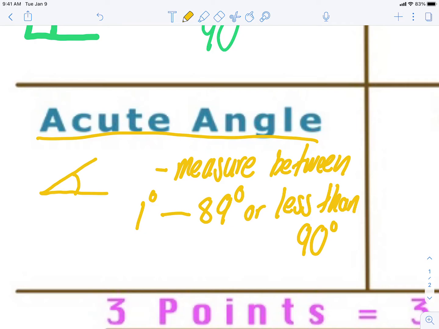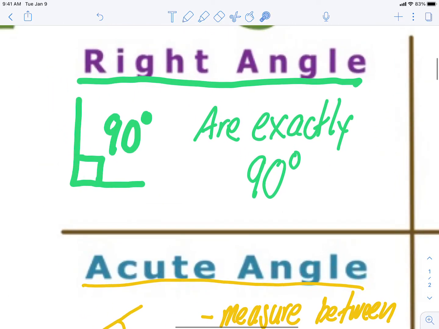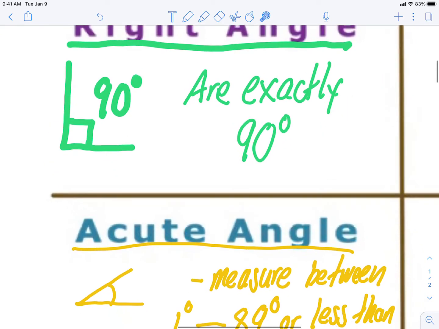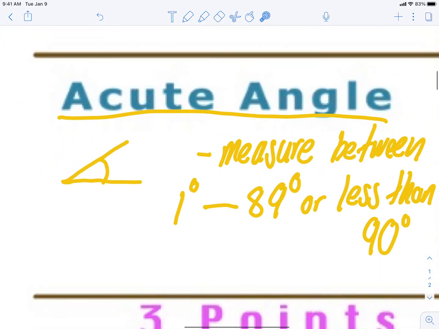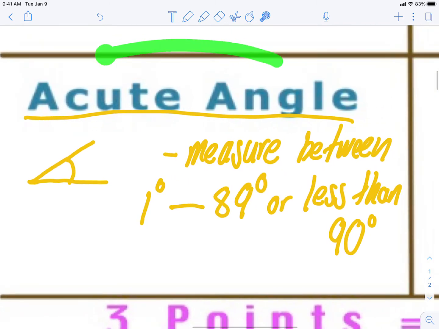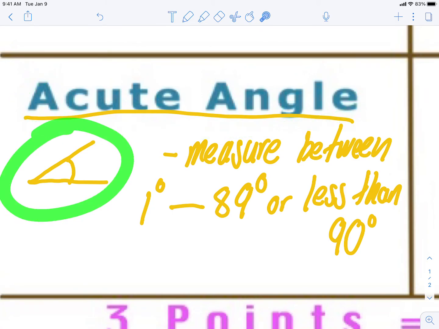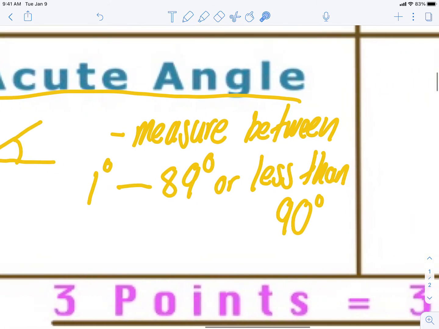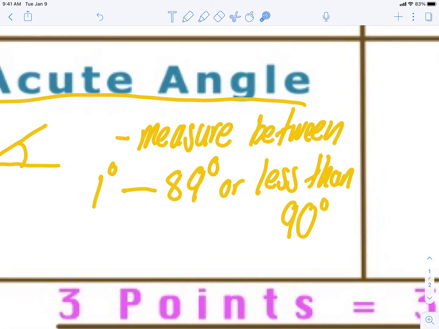Less than 90. It can't be 90, because if it's 90, it's a right angle. So anything between 1 degree and 89 degrees is considered an acute angle. They look like this when they're open, but they don't open all the way like a right angle. And those are acute angles.